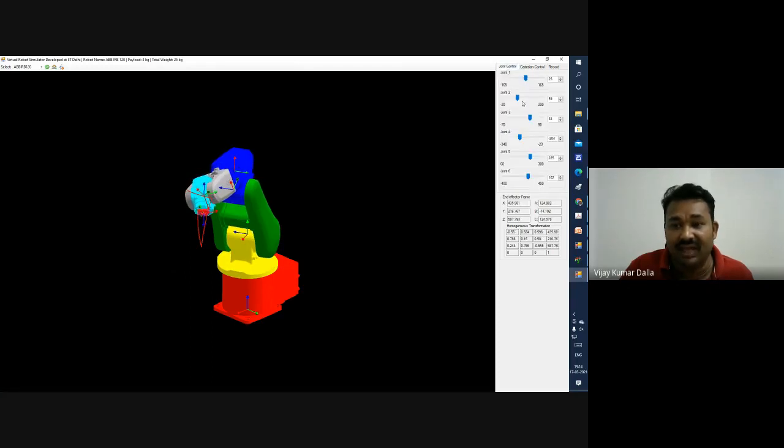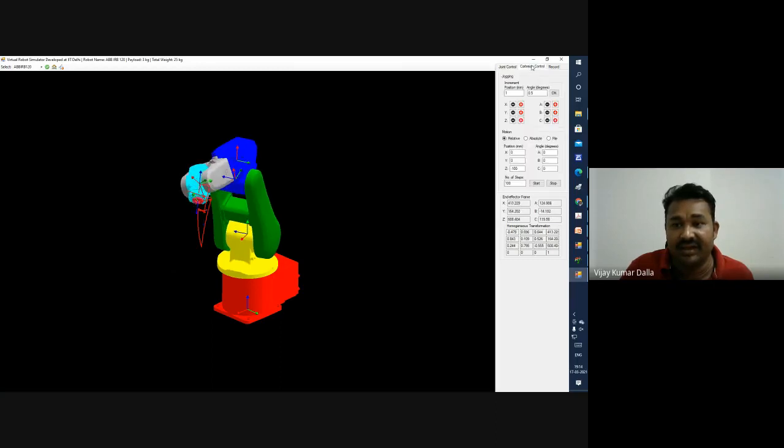In joint control, I was controlling joints. Okay, here in Cartesian control, I am controlling the coordinates, means hand effector positions, and all this sequence we can record and play like an animation.